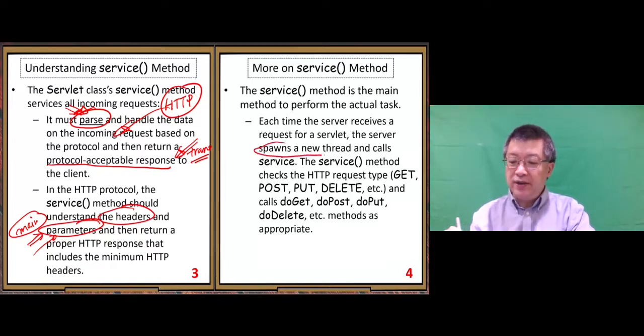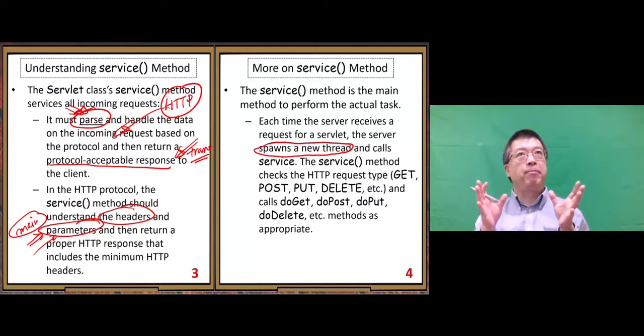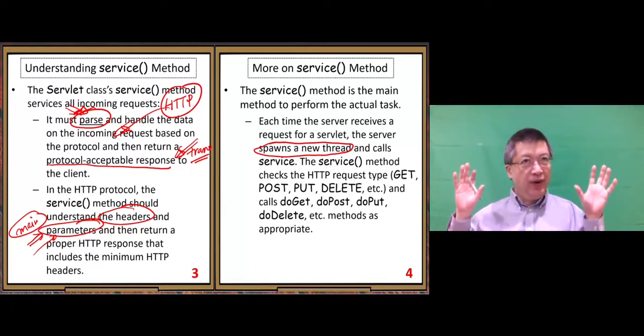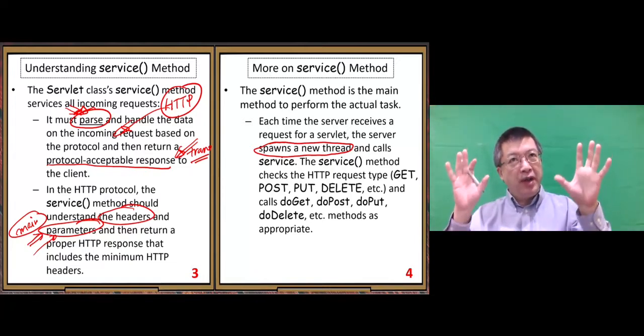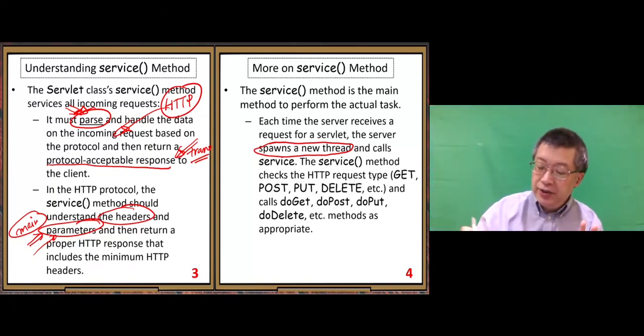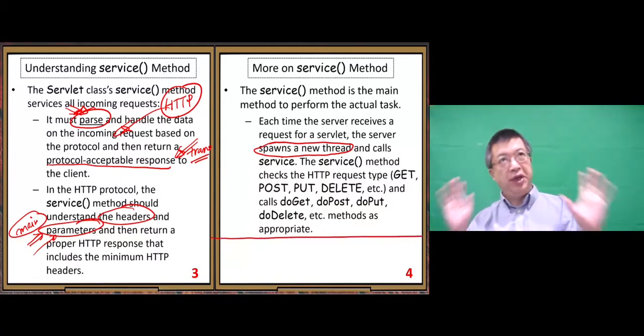Look at the phrase here: the server spawns a new thread. What's that? We will learn more in our next slide, but in order to understand the sentence, I need to give you some explanation at this point.